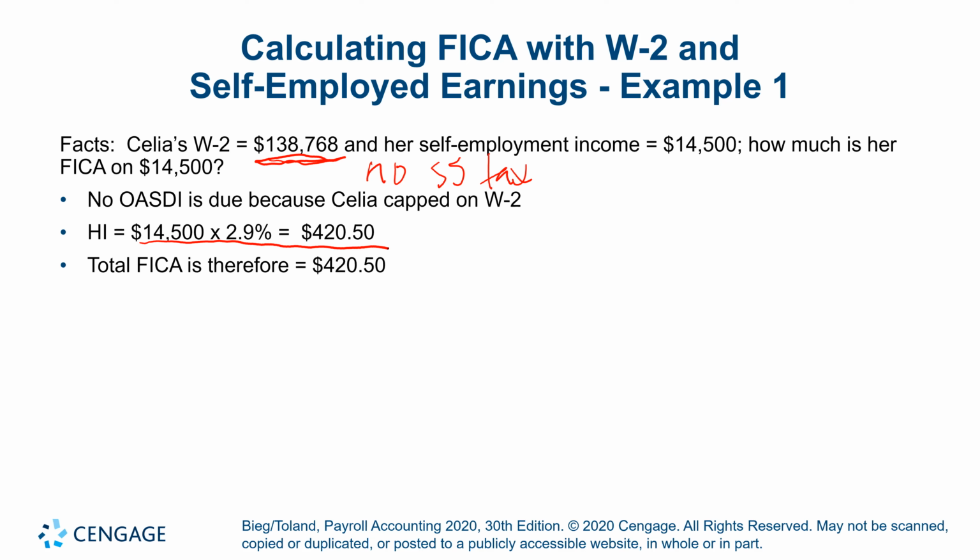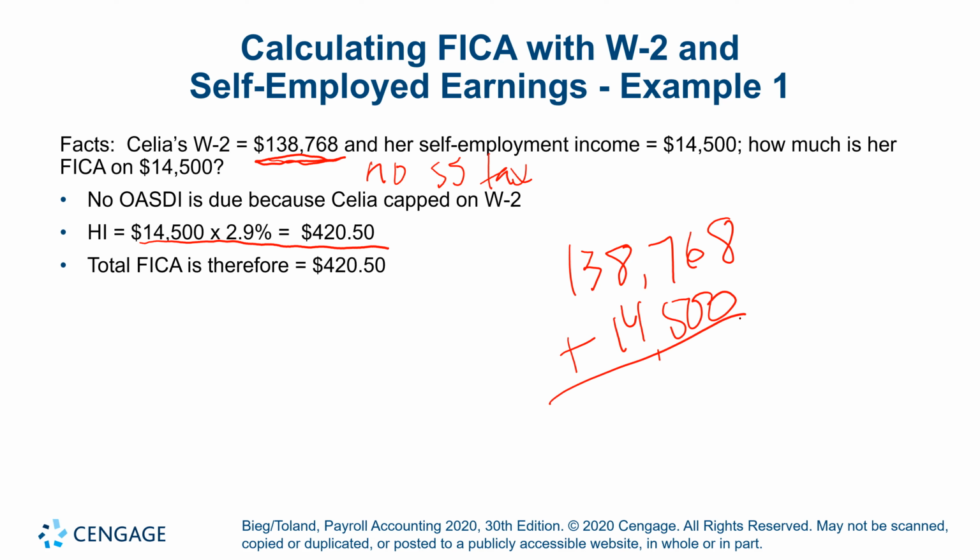And again, even if we add up the 138,768 plus the 14,500, we get 153,268. This individual is not over the 200,000, where she would have to pay that extra 0.9%, right?